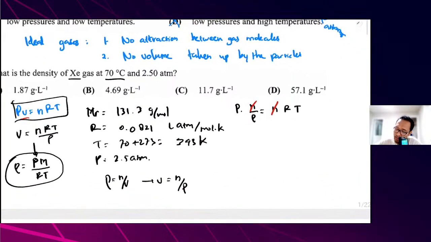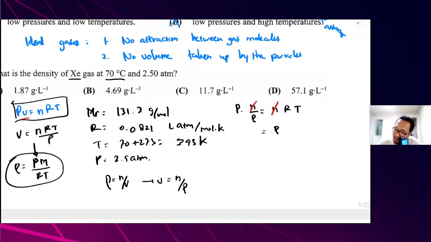So now you just rearrange this equation to get rho.